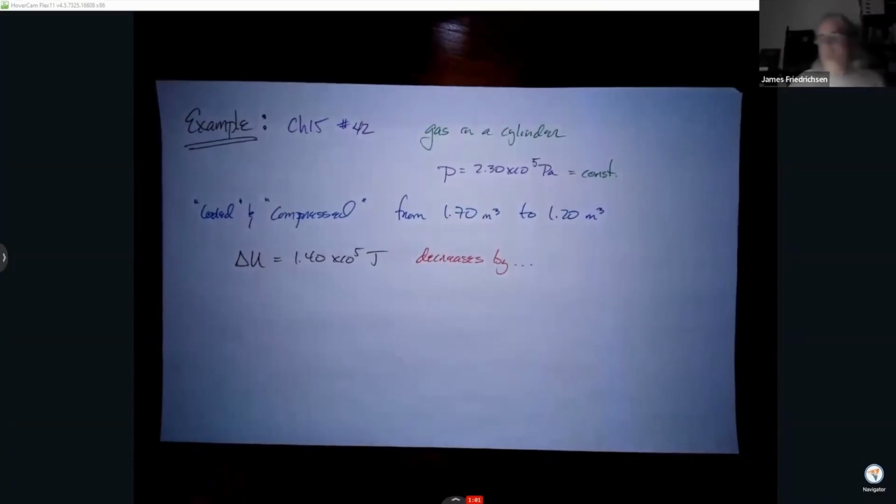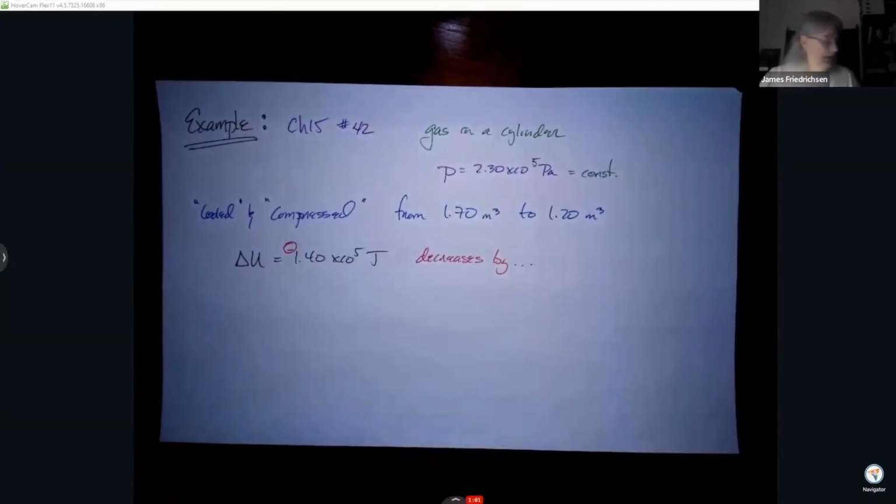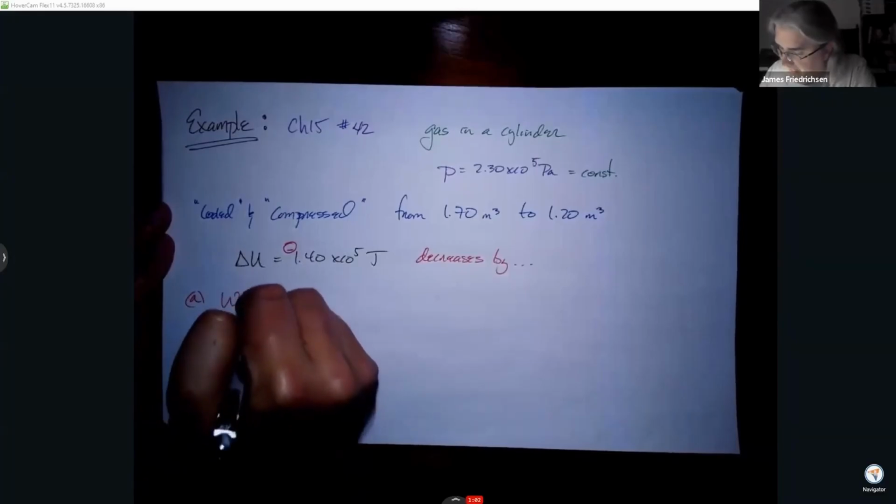Yep, there we go. The questions it asks us to find are, what's the work done by the gas? Again, this is by the gas, so that's an important piece to know. And then find the amount of heat that either flowed into or out of the gas and state which way the heat flowed. So we want to calculate the work done by the gas.